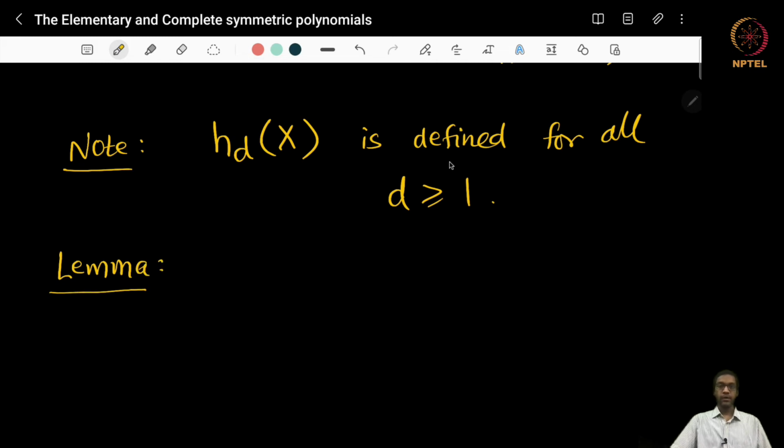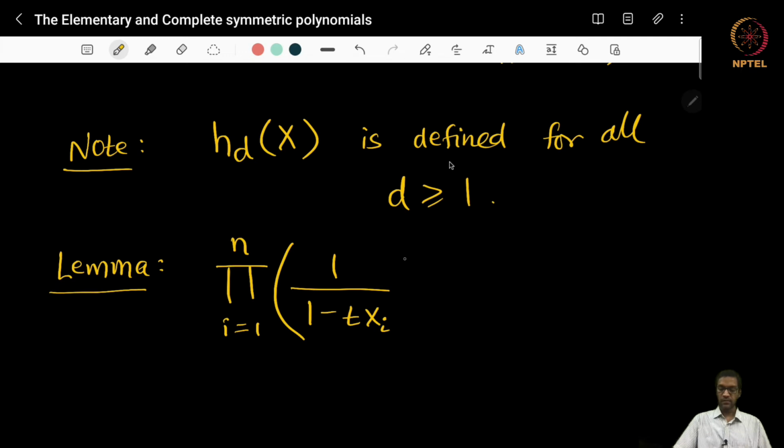How do we package all the h's together? Well, the statement now is the following: I take the product, i going from 1 to n, still the same sort of product, one term for each variable, but now the terms that I need to take are as follows. I look at 1 over 1 minus t xi.